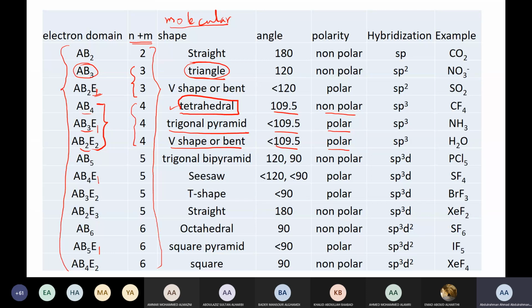Also, I gave you here the hybridization by the valence bond theory, which we also talked about. If we have n plus m equal to 4, for example, what will be the hybridization? It will always be sp3. And I gave you examples in this table.